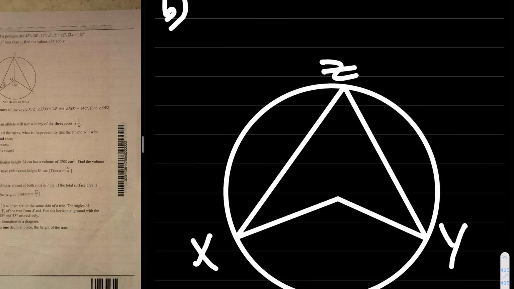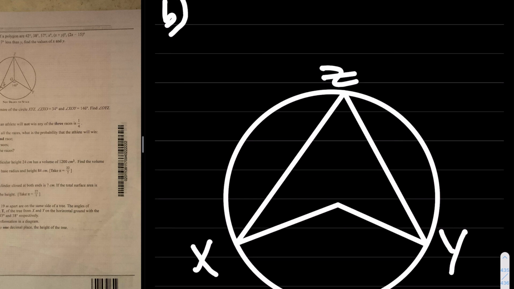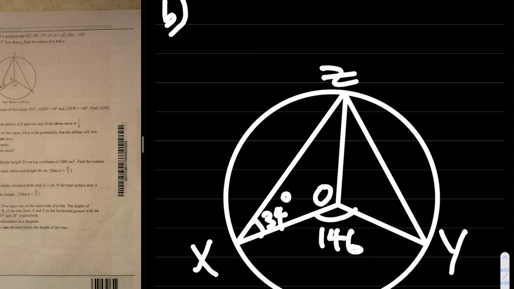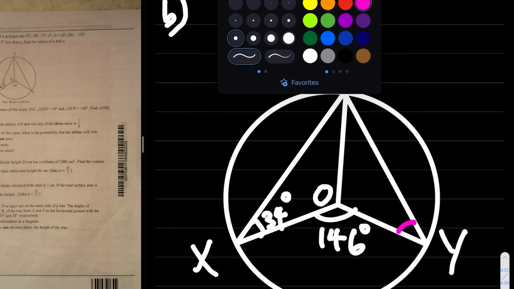That's X, Z, Y. Now this is center O, and the angle here is 34 degrees, and this is 146 degrees. We are to find angle OYZ, which is this pink angle. How do we find that?